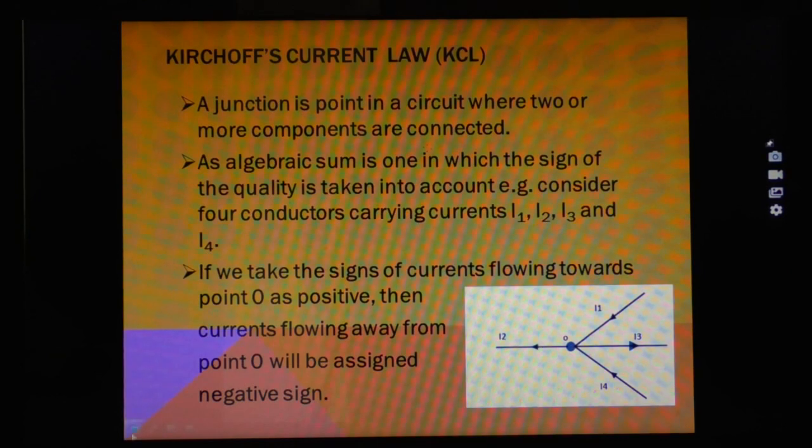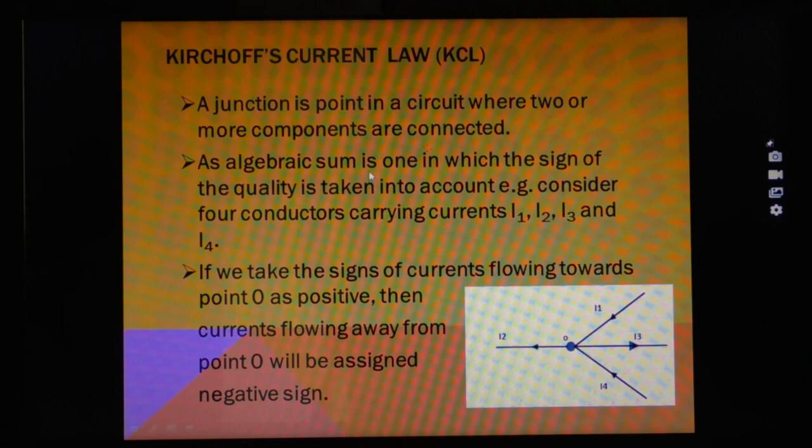You can see in this figure that point O is the point of meeting of different wires or conductors. A junction is a point in a circuit where two or more components are connected. So at O, different components are connected.